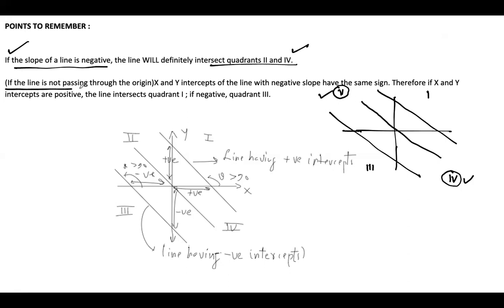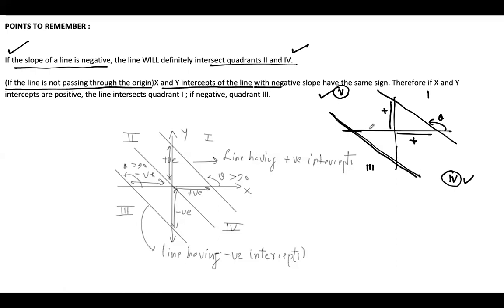Now I am saying, if the line is not passing through the origin, so I am excluding the line that is passing through the origin, the X and Y intercepts of the line, let's say this is a negative slope, will they be of the same sign? Yes.